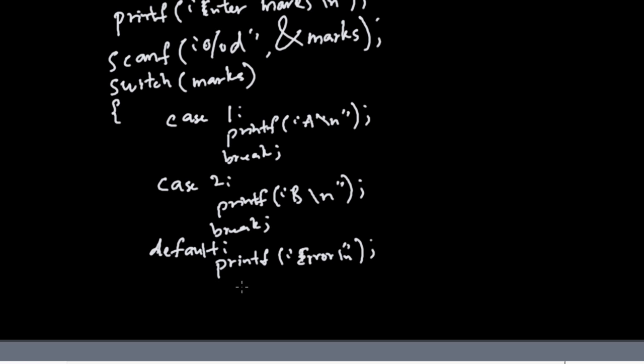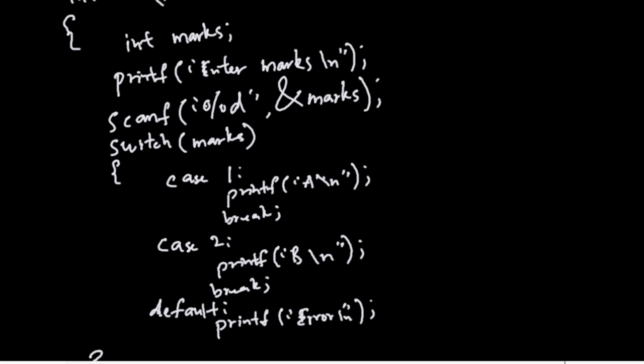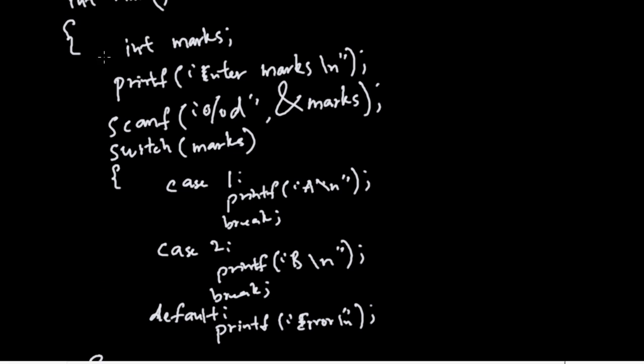Now, we don't have to put a break over here because when it comes to default, immediately it exits. So it's optional also to put a break for the default. So this is how the program is, and we should close also the outer curly brace corresponding to this curly brace. So there we have it, a program that uses the switch case construct and outputs.